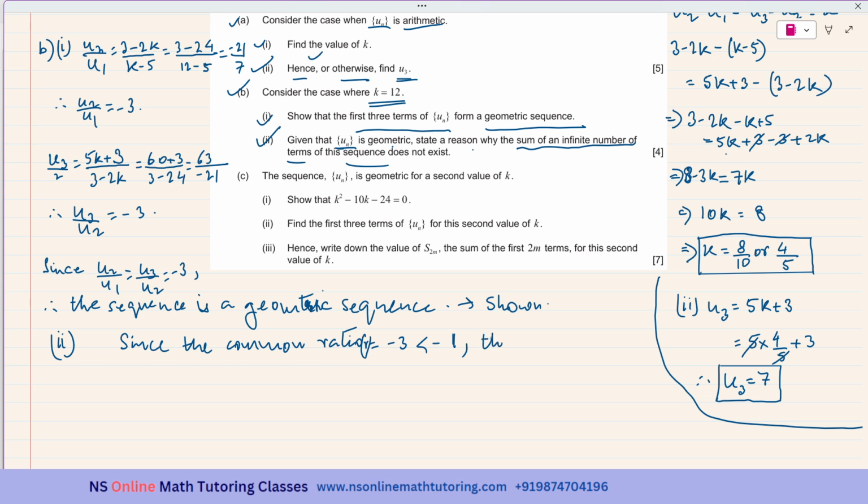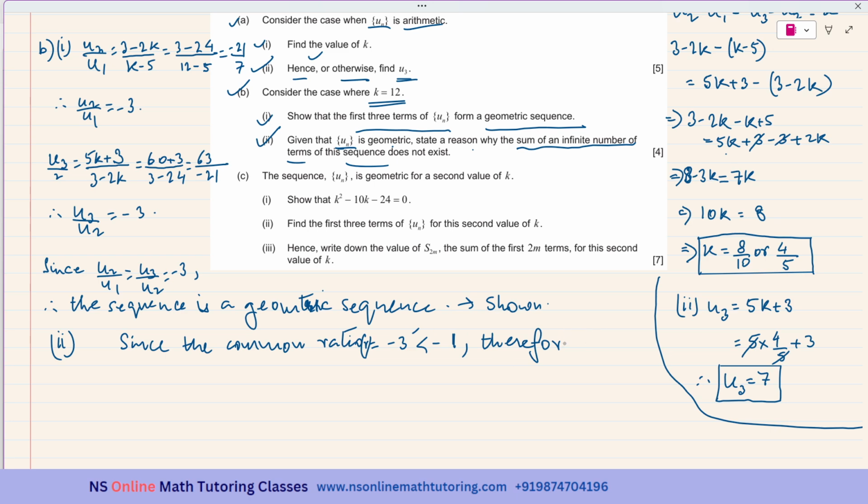Therefore, because in order to have the sum of an infinite number of terms from a geometric series, we should be having the common ratio lying between negative 1 and positive 1. But over here we are seeing that the ratio is negative 3, which is less than negative 1, therefore the infinite series will not be existing.